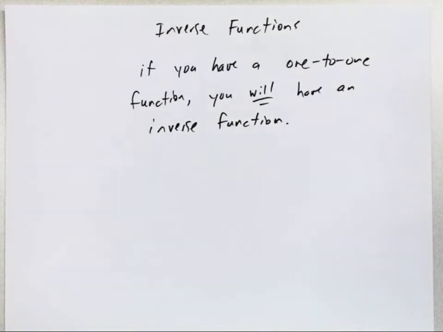In a minute we're going to talk about how to come up with inverse functions. But if you're given a relationship and you determine it's a function, and then you also determine it's a one-to-one function, then you know there is an inverse function. If it is not a one-to-one function, then there is no inverse function.